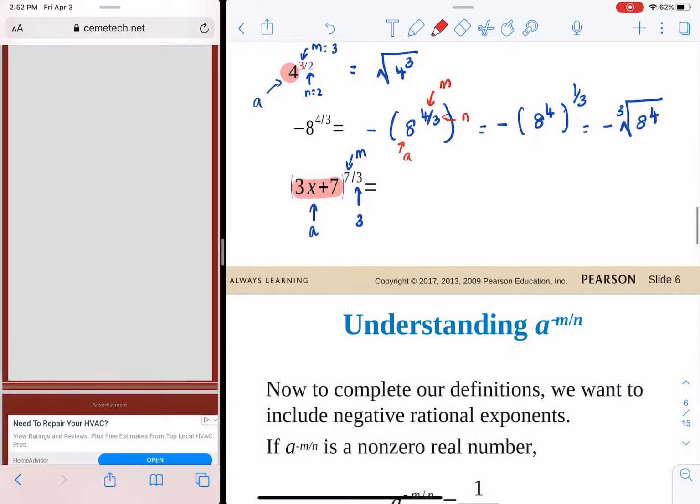So this would simply mean the third root of a raised to m. So the answer is the third root of 3x plus 7 raised to the 7.